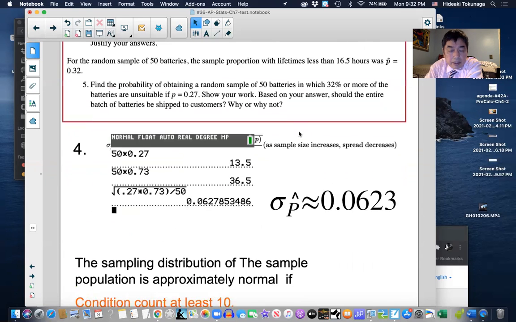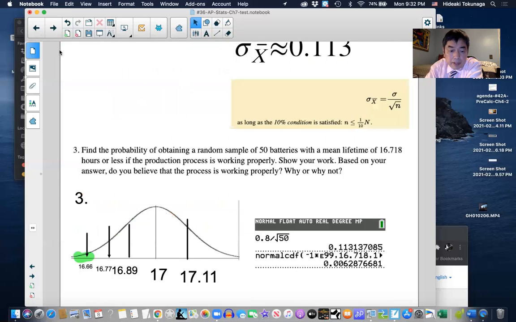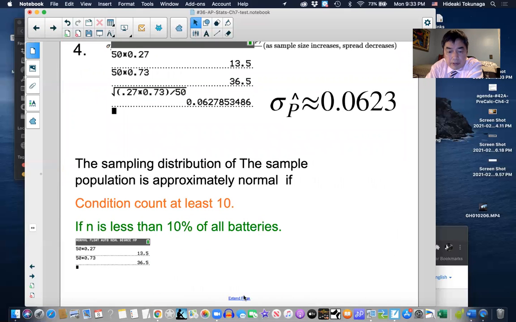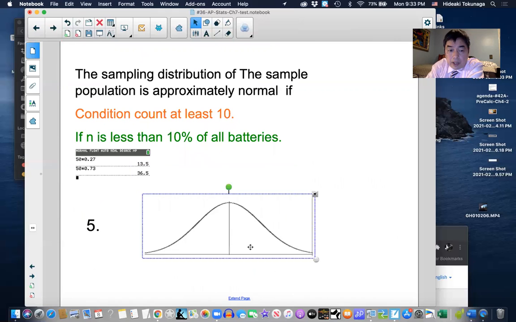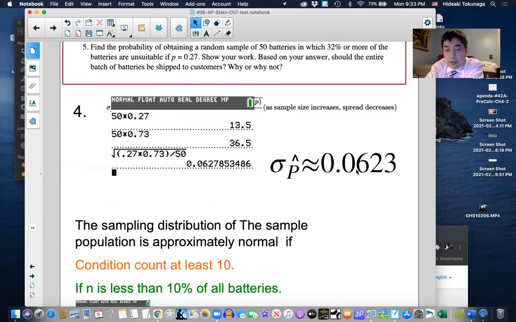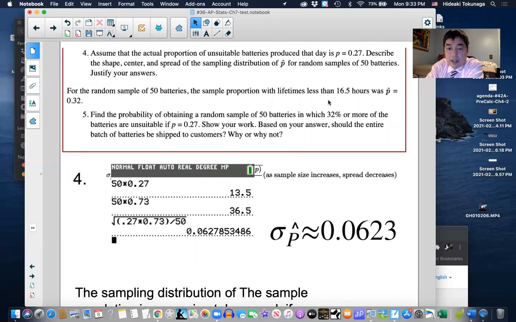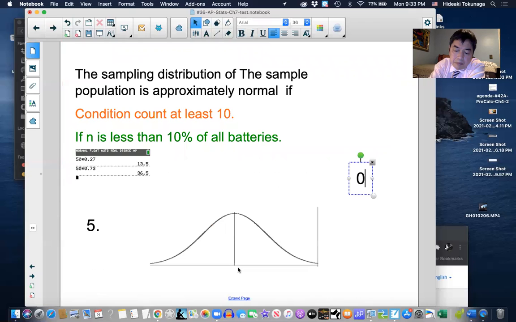All right, so let's see. Let me get this thing right here. The question 5. Right here. And paste. Okay, I got the normal curve. So what you have here, the p hat right here, 0.27.